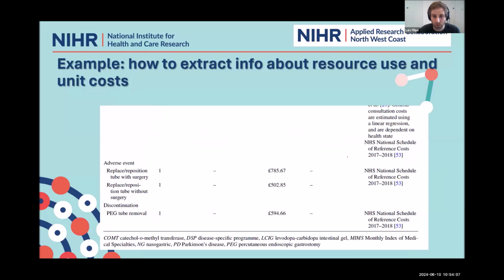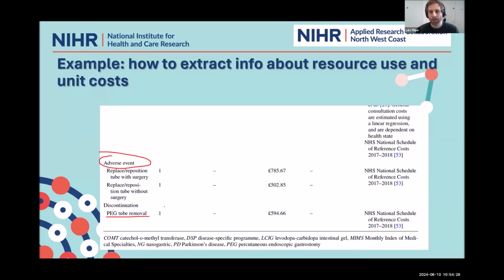You also have other things that you need to take into account, which is the possibility of adverse events. In this case, replace or reposition tube with surgery or without surgery. Then also discontinuation. At some point, they would have to remove the tubes from the patient, so they also have that in here.